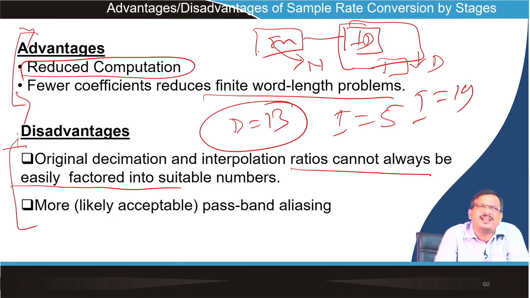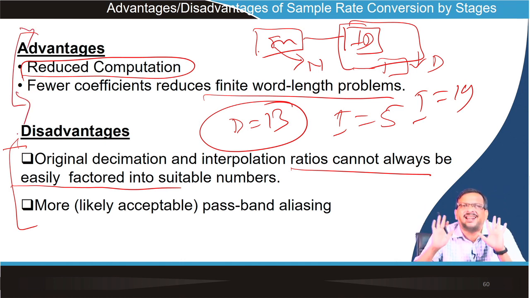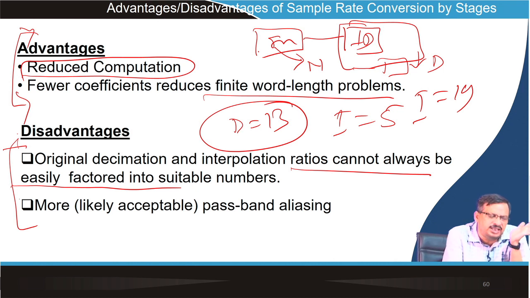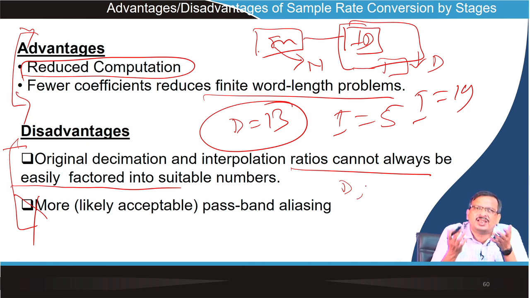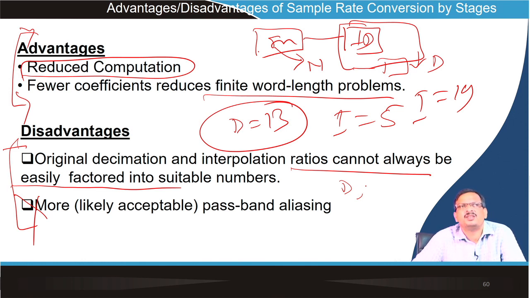If I design the filter in such a way that aliasing is not allowed, then this portion I can remove. But if D and I are factors which cannot be decomposed, I cannot use multi-stage decomposition or multi-stage interpolation. But yes, there is a definite advantage to using multi-stage upsampling or downsampling.